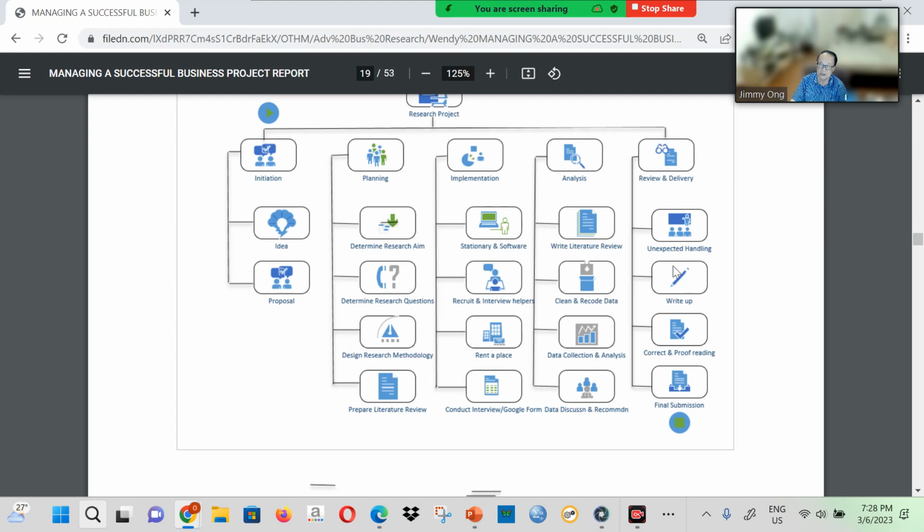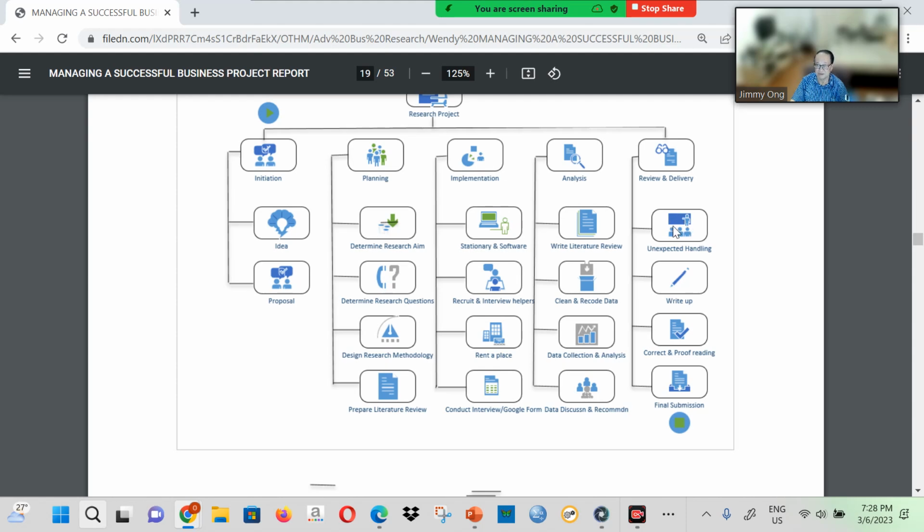Then you come to the part where you need to do some delivery, right? So you need to present to him. Big company, we're talking about big company, not a very small mom and pop. Then you need to also write down what is your shortcoming, which part you actually have not expected to handle, but in the process there's some emergent thing for you to handle. So unexpected handling.